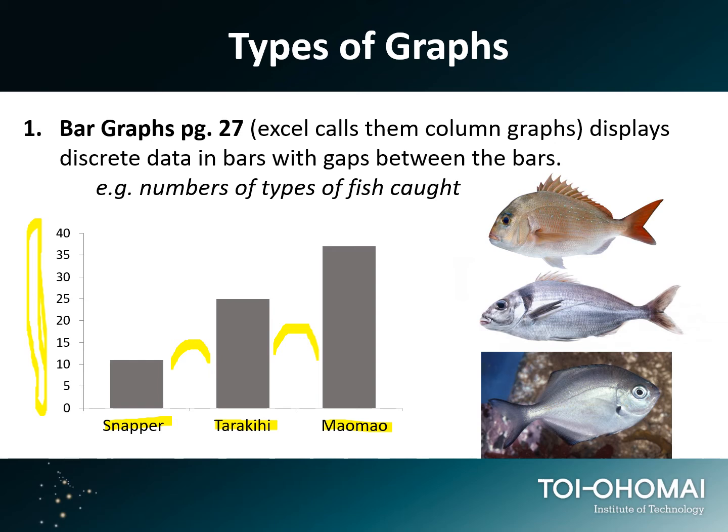Perhaps this is the mean number of snapper caught every time you set your gear, or it could be one set where you caught 10 snapper or 11 snapper and 26 taraki and about 40 mau on one set of your gear. So this is an easy way to show that mau are much more abundant than snapper in this gear.